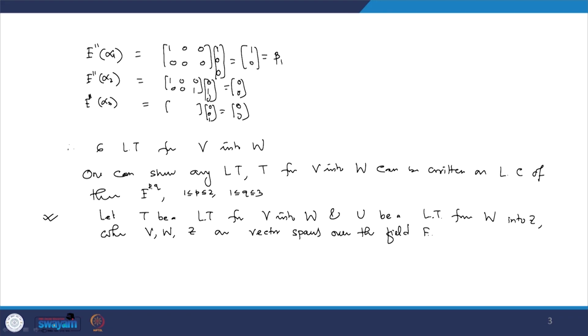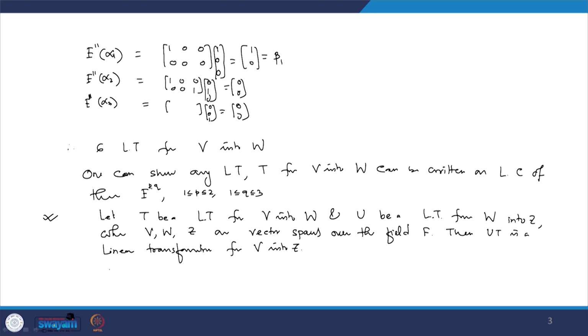You can immediately check UT is also a linear transformation from V into Z.